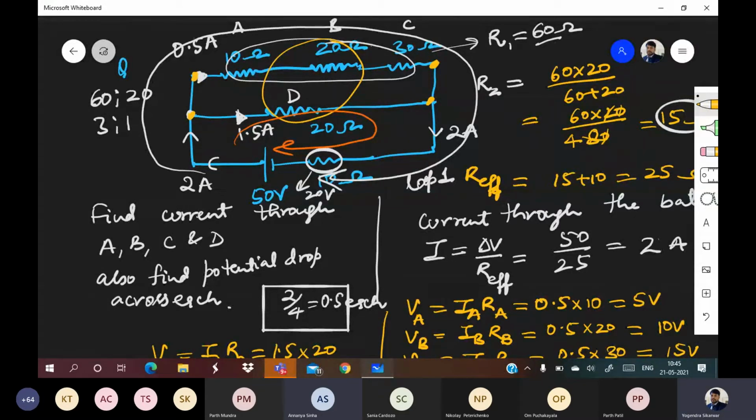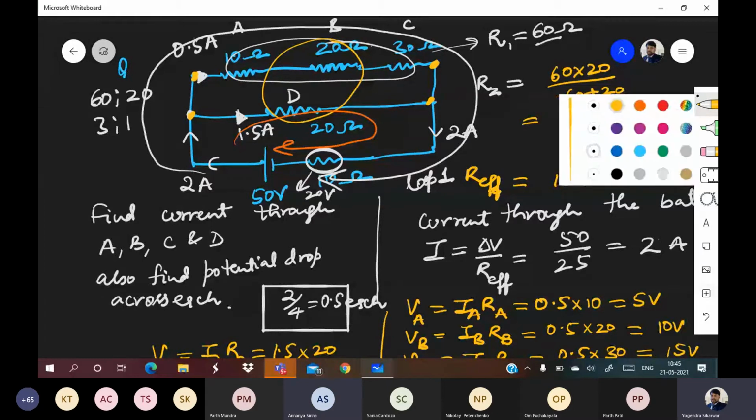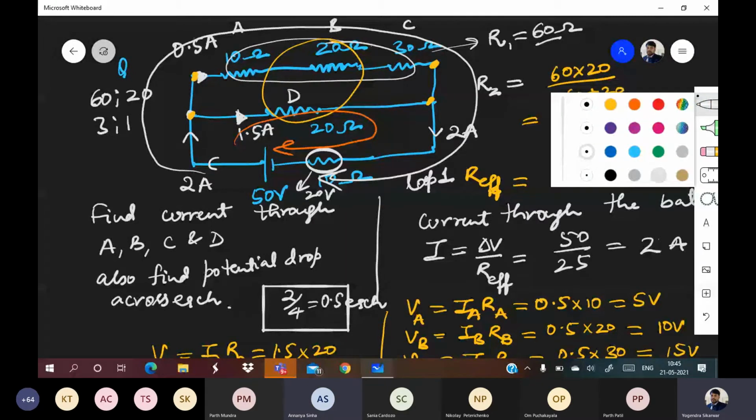The potential drop across the upper branch and the lower branch would have been equal. Clear? Any other question, anyone?